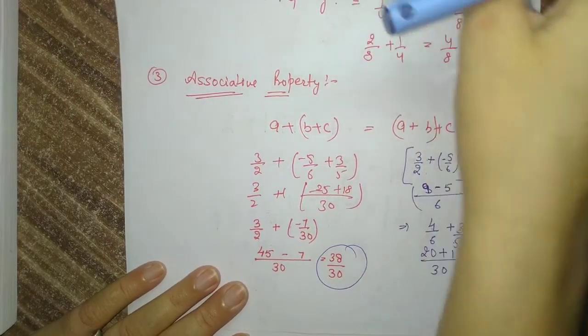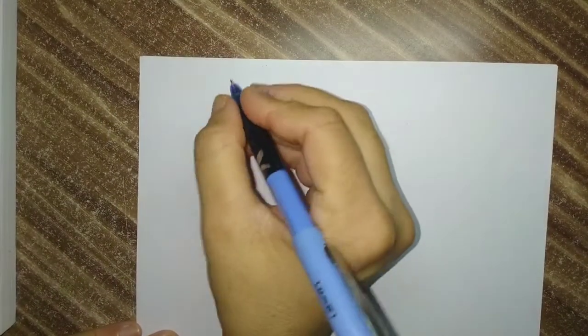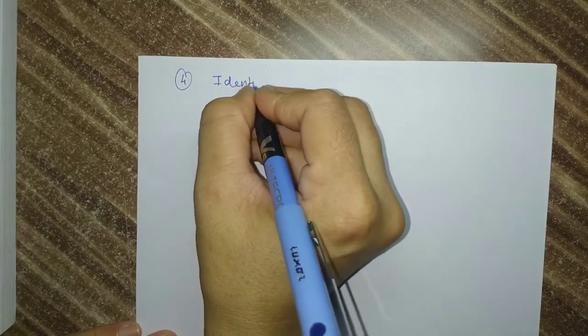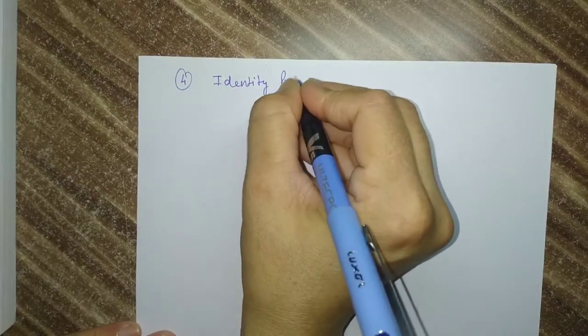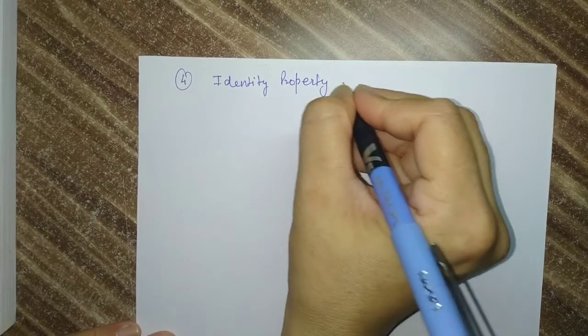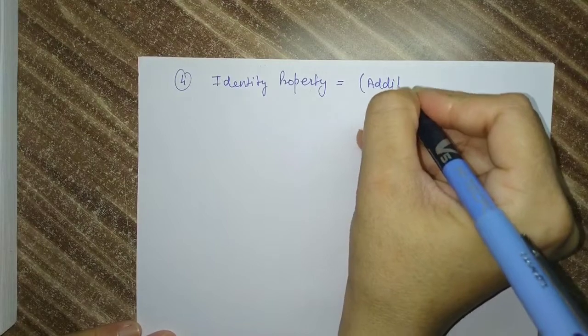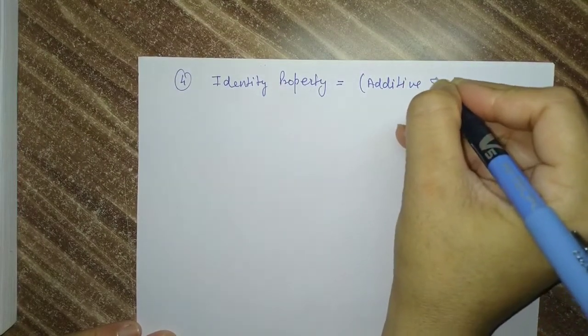Okay. Now the next property is identity property. Identity property means, we can say the another name of this property is additive identity.